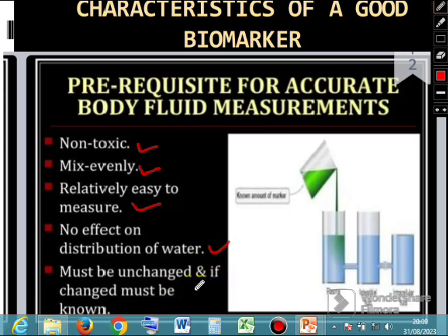And then number E, it must be unchanged, and if changed, must be known. Okay? So please, these are some of the characteristics or features of a good biomarker. Alright?